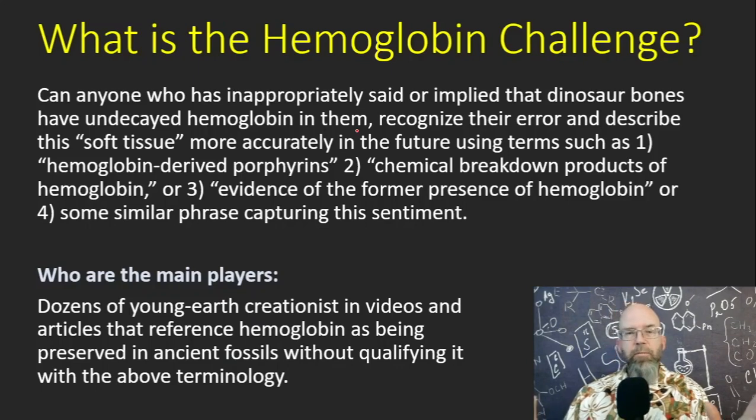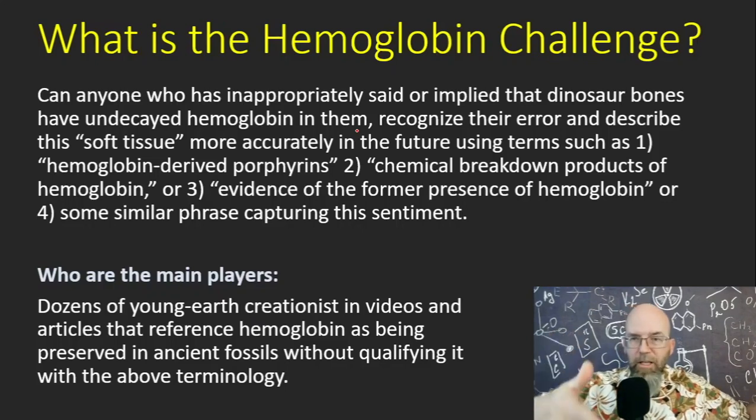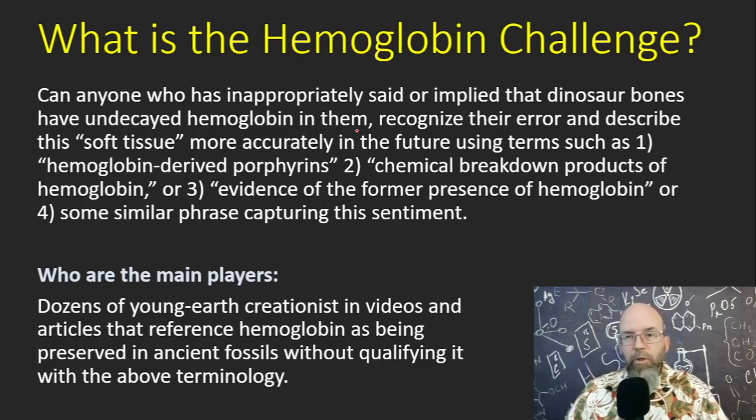So I want them to use terms like, and they can use their own terminology as long as it's accurate, but here are some of my suggestions. Hemoglobin-derived porphyrins. Now, that doesn't exactly roll off the tongue, and it's hard for the audience to possibly understand, so it might take a little more work to really define what's happened there. What's the difference between this hemoglobin I'm talking about and the hemoglobin that's inside me right now?